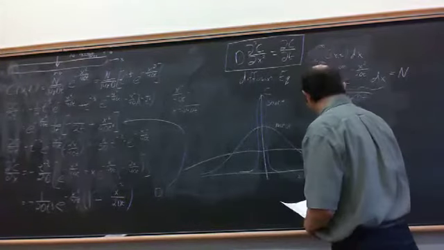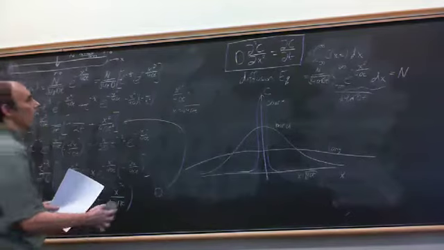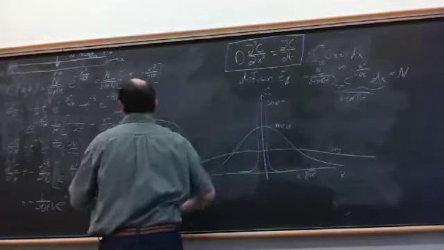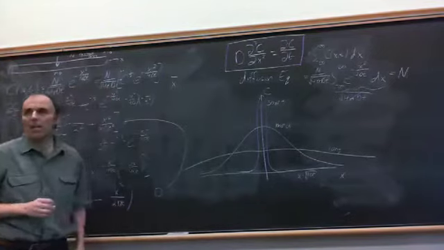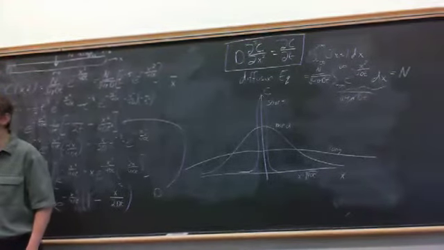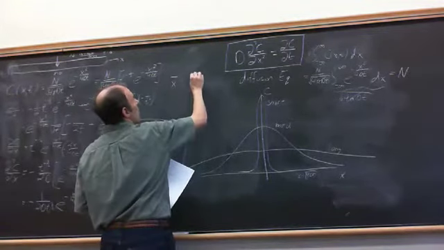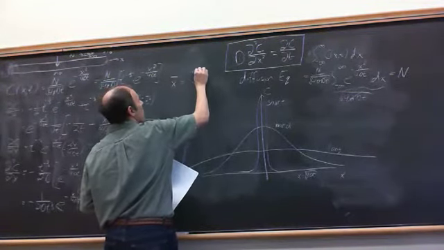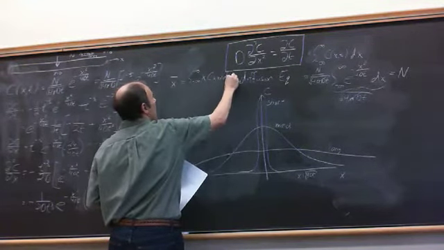Okay, let's look at another case. Running out of board space. So let me look right here. Suppose you wanted to get the mean value of x. What's the average value for these particles? Well, to get that, you would do the integral from minus infinity to infinity of x c(x,t) dx.